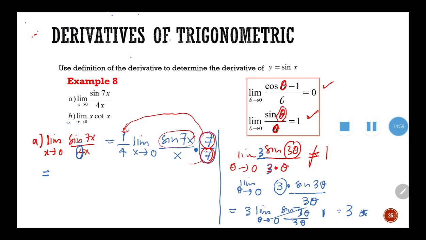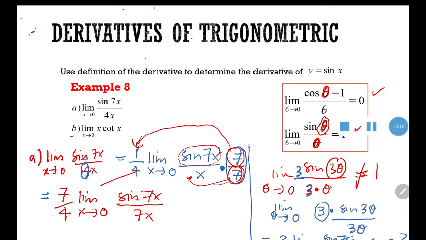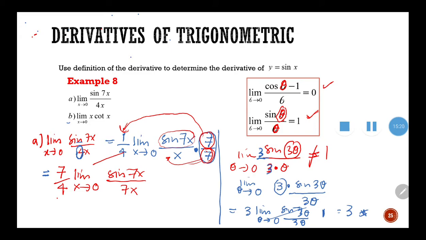So you have 7 over 4 times the limit as x approaches 0 of sin 7x over 7x, multiplied with this, since it has nothing to do with the trigonometric part. Now this term turns out to be 1. So the answer here is equal to 7 over 4. Clear everyone? Okay, so we're done with A.